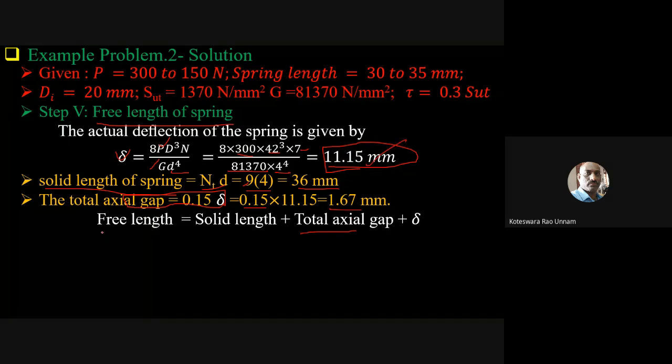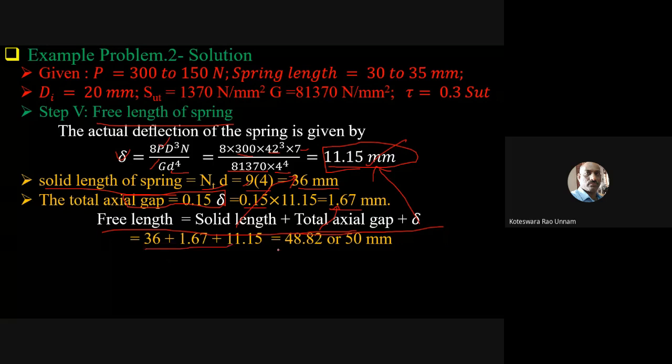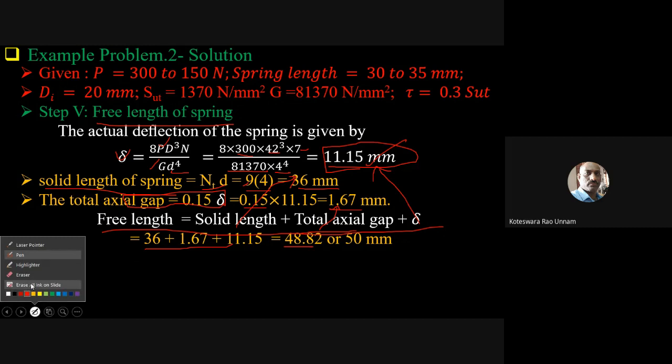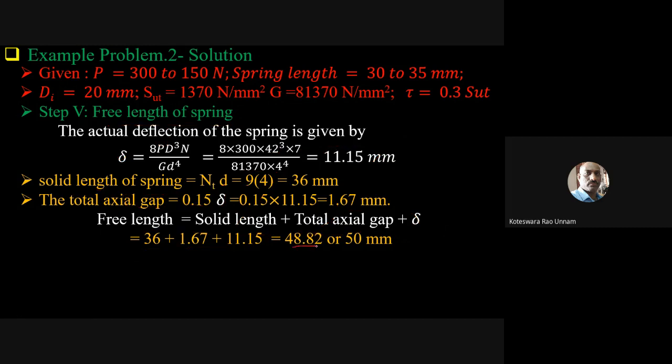Therefore, the free length of the spring is the solid length 36, plus the total axial gap 1.67, plus delta 11.15. If you sum up all those three, you get 48.82 mm as the free length, which may be rounded up to 50 mm.